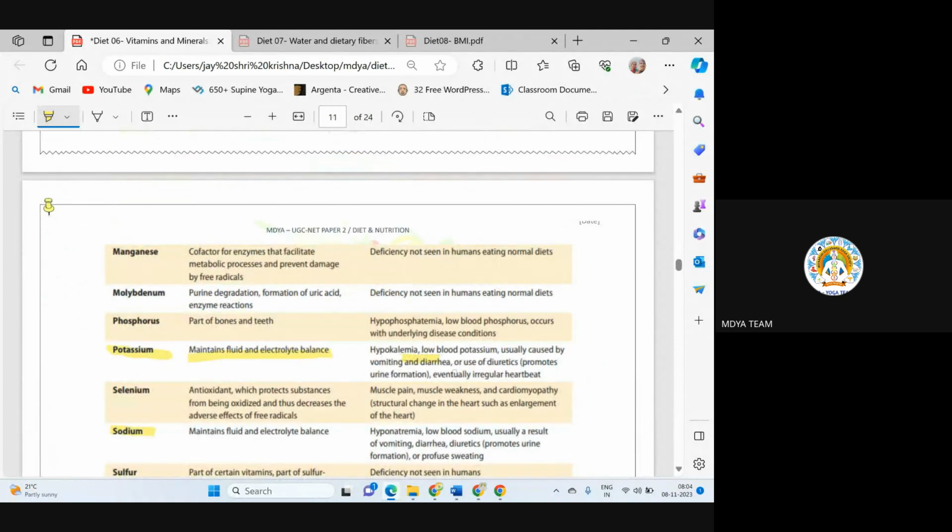These all things will happen. You can see vomiting, diarrhea, and diuretics. Diuretics means urine formation. Why does deficiency of sodium and potassium lead to more urine formation?